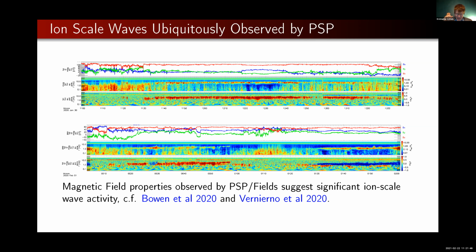And if you look at the handedness of this, if you look at the helicity, you see that it is primarily one or another handedness, which is associated with some sort of circular, or at least elliptical, wave that's moving around at those scales. And so that's exactly the kind of wave that could be driven by these resonant instabilities.